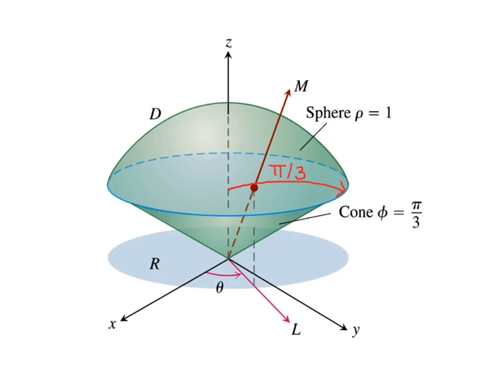And then the sphere is rho equals 1, because no matter which way I go out from the origin, I'm going to get a radius of 1. And so we could express the two shapes in this picture using those two equations.